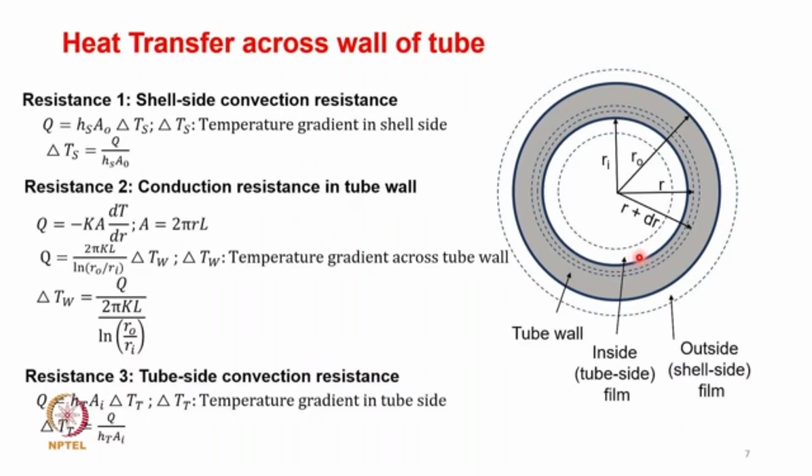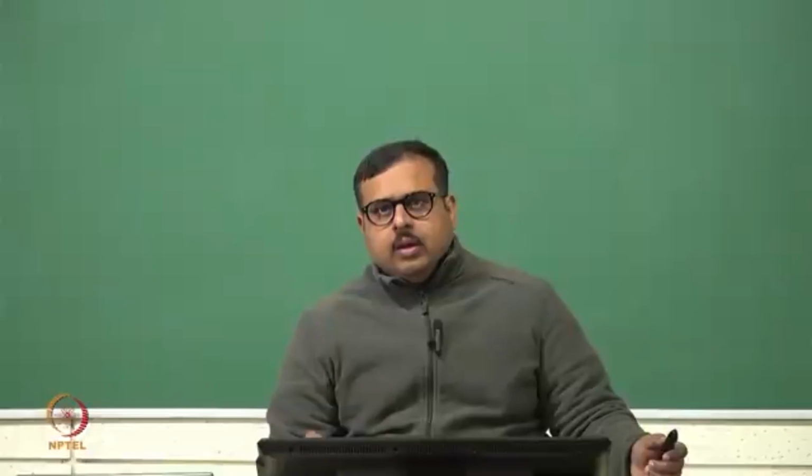There would be a resistance at the shell side, and a resistance inside and outside the tube. Outside the tube you would have a convection resistance, in the tube wall you would have a conduction resistance, and further inside you will have a tube side convection resistance. These are the three types of heat transfer resistance that we need to overcome to effect the heat transfer.